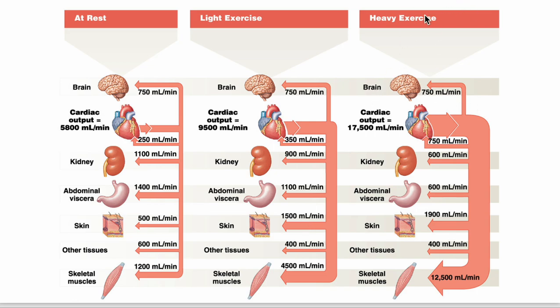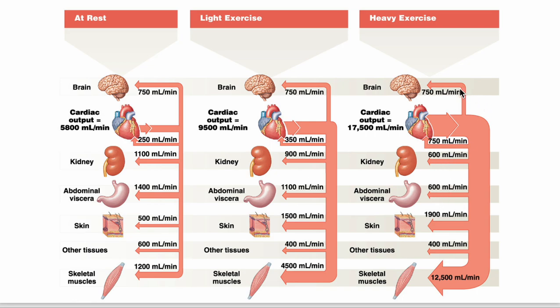Now, when we start exercising like we're really pushing it, we can again dramatically increase cardiac output. We've gone to 17,500 milliliters per minute here, so this is a huge increase. We are dumping the vast majority of that into our skeletal muscles, but we are still sending a lot out to the skin to deal with this excess heat issue, while significantly reducing what we're sending to our other organ systems.